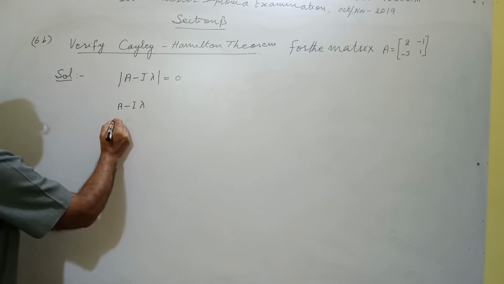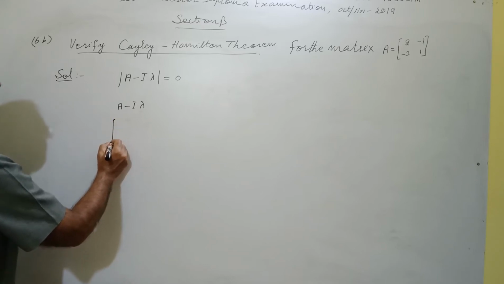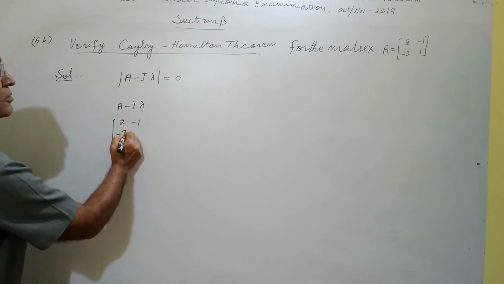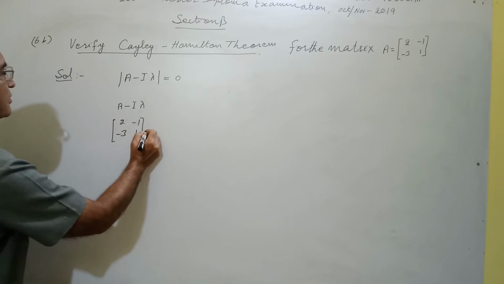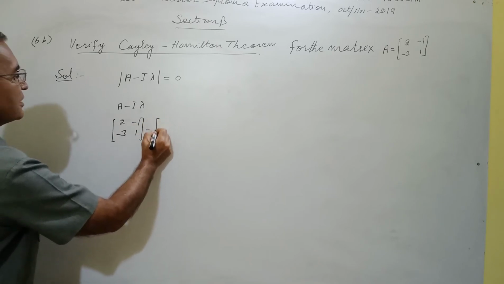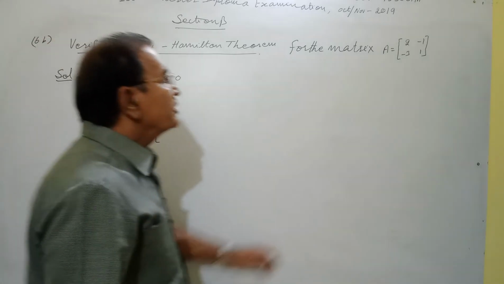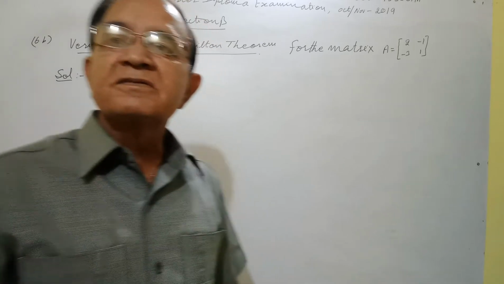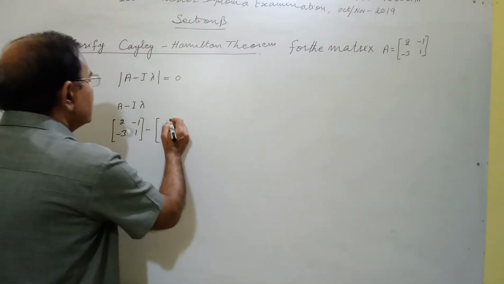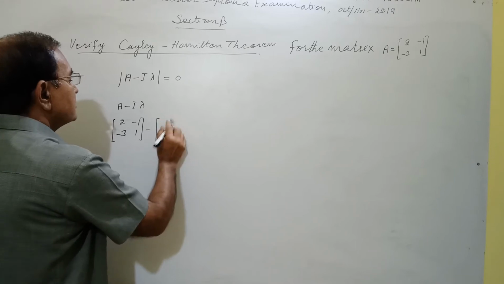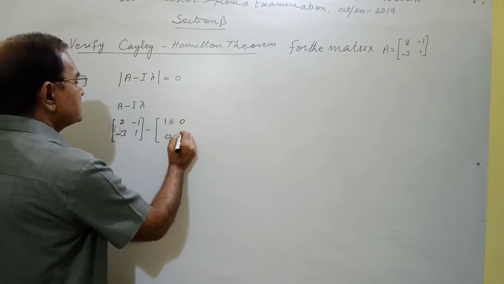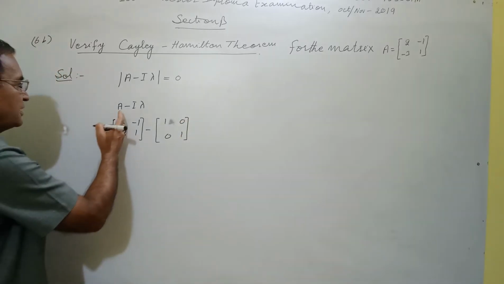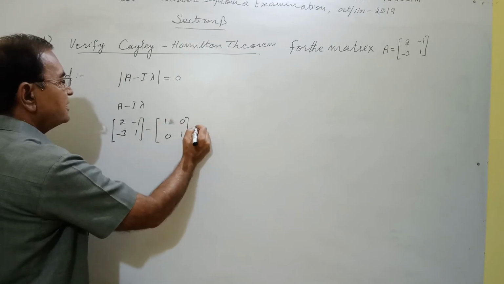Put the value of A, which is 2 minus 1 minus 3 1, minus lambda times I. Now the A matrix is of 2 by 2, so we will consider I as the identity matrix of 2 by 2, that is 1 0 and 0 1. That is A minus I lambda.